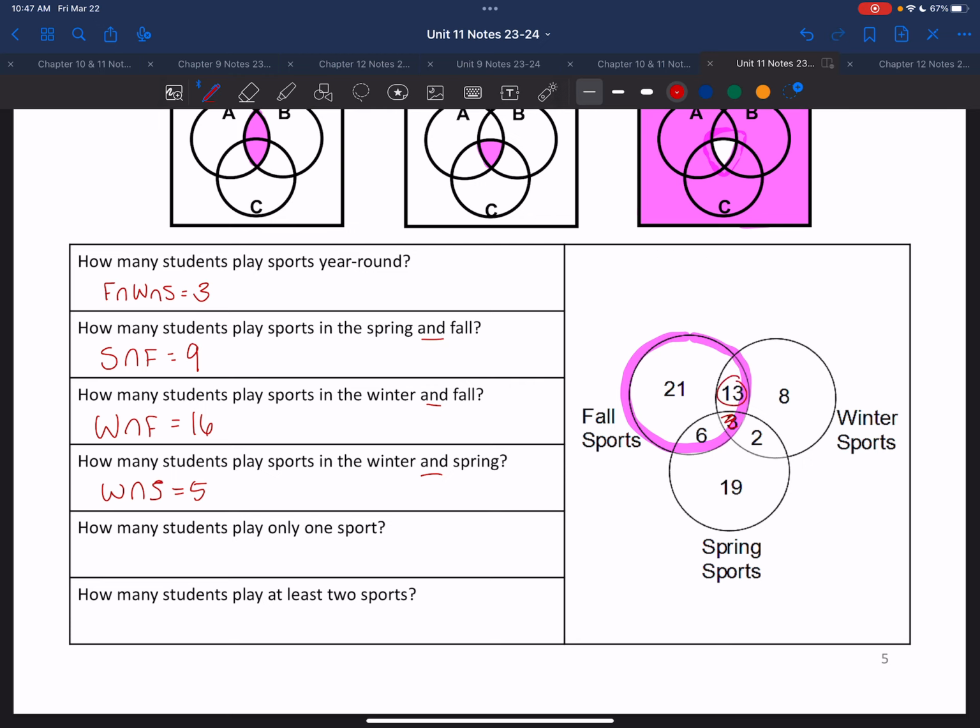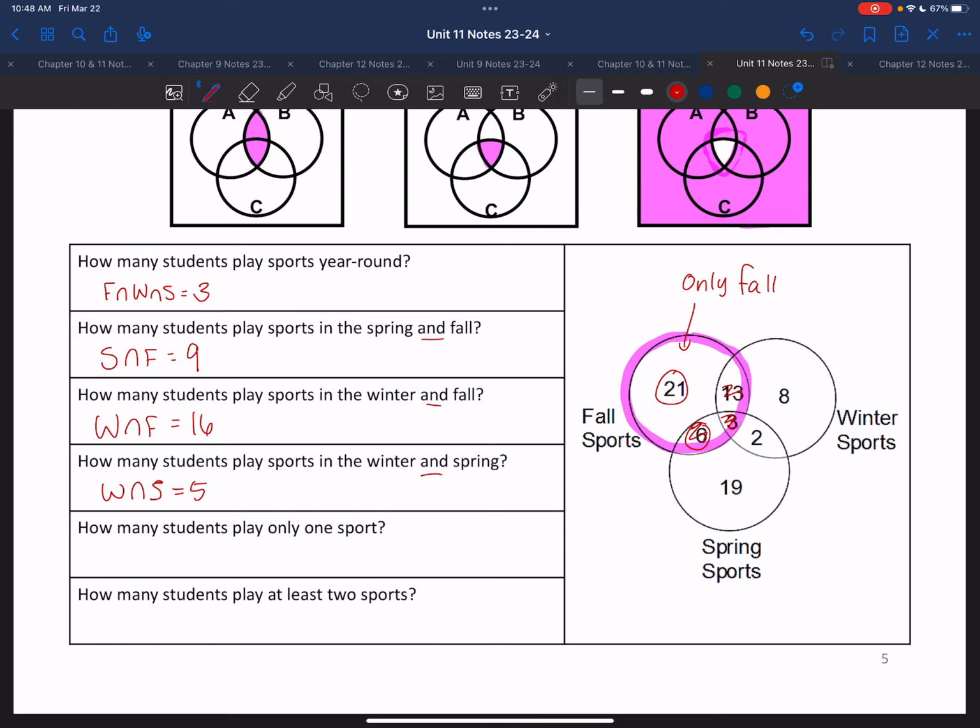The 13 represents students that play fall and winter, but not spring, so that one doesn't work. The 6 represents people who play fall and spring, but not winter, so that one doesn't work. So the only one inside this circle would be 21, right? So these are students that play only fall.